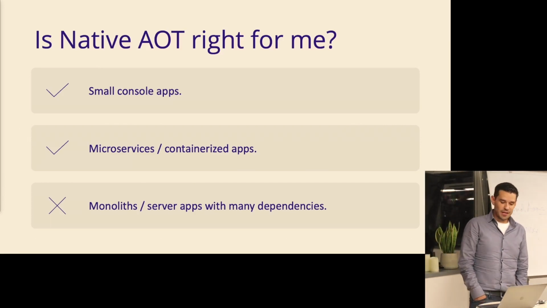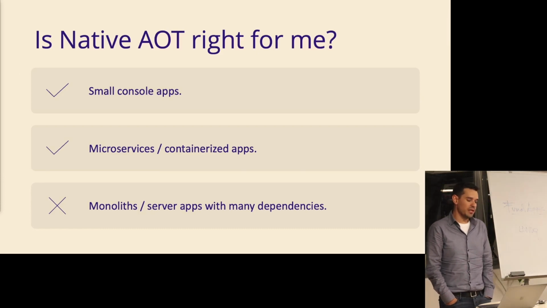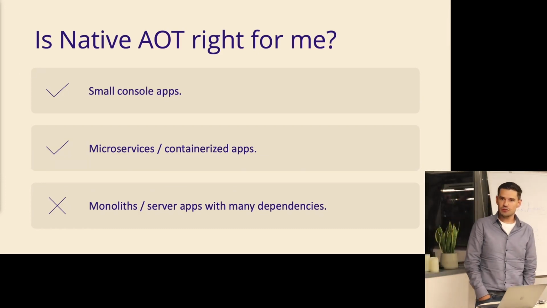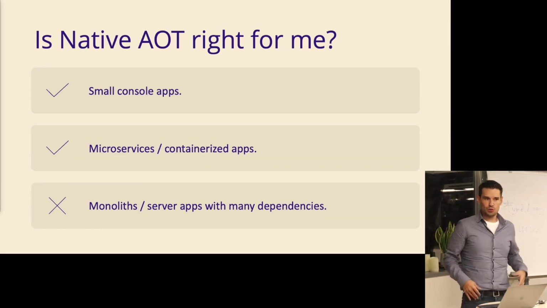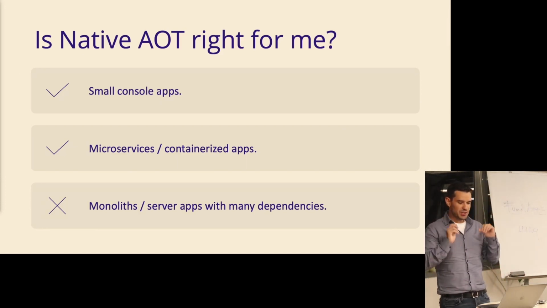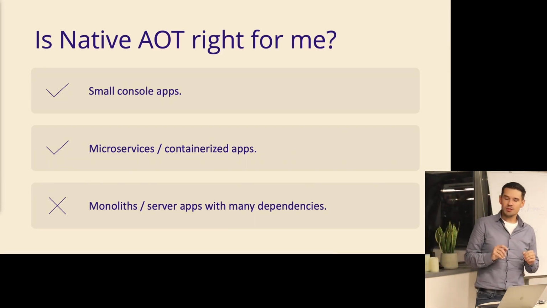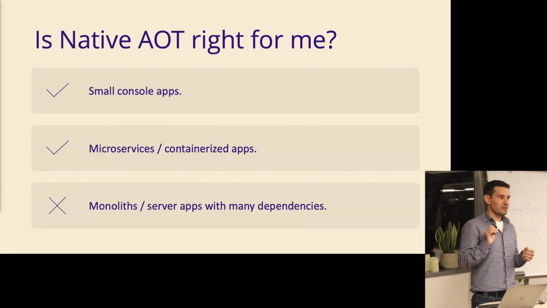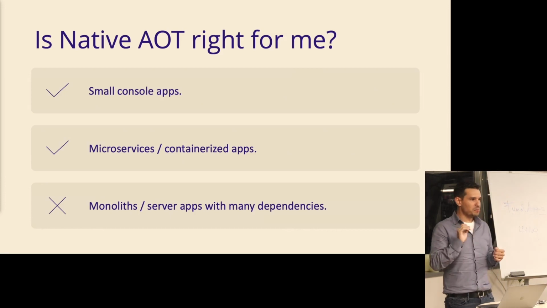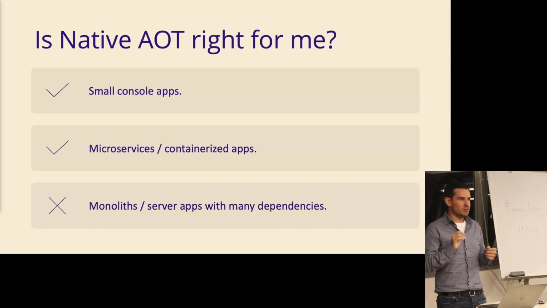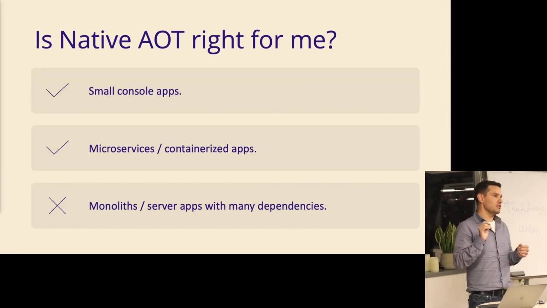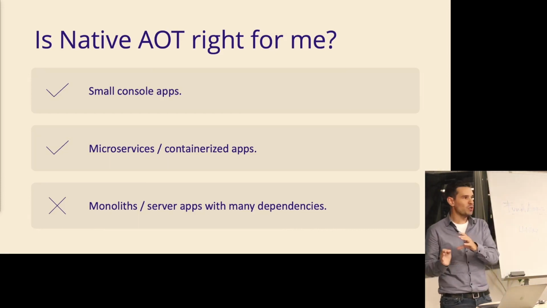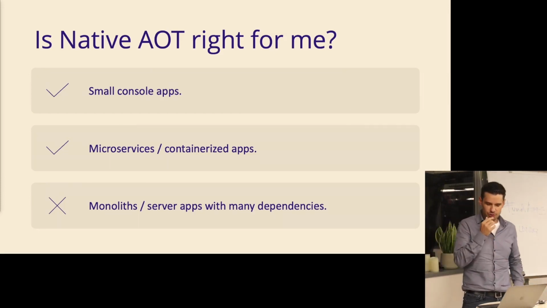But on the other hand, if you have a monolith or any sort of long-running server application that has a huge transitive dependency graph of NuGet packages, then chances are that Native AOT might not be right for you. The reason is that, at the moment, in the year of our Lord 2023, there's a very good probability that some dependency in your dependency graph still does unsupported reflection, and you will not be able to get that component to run in Native AOT, assuming that you're actually calling it.